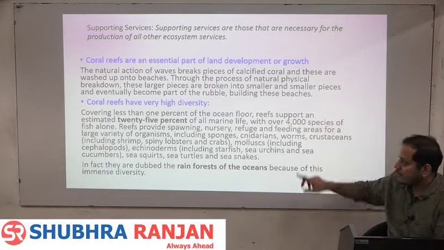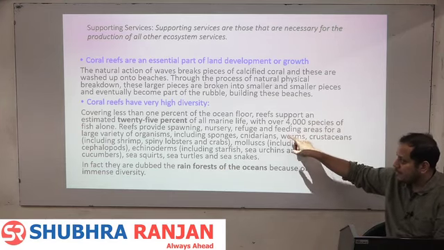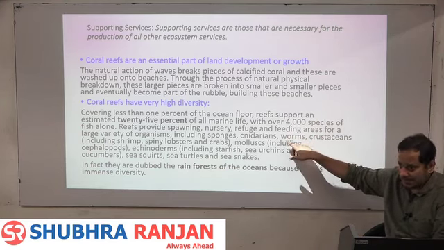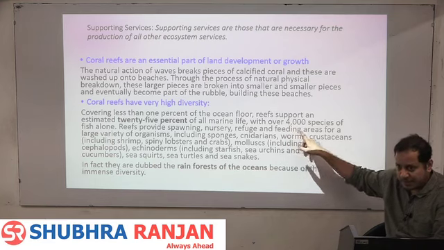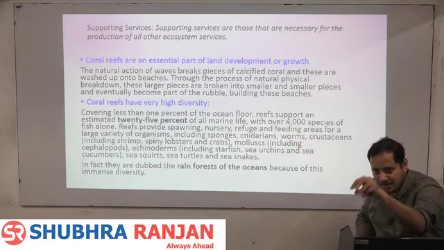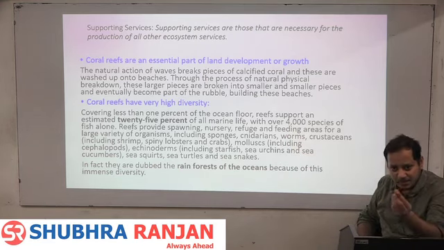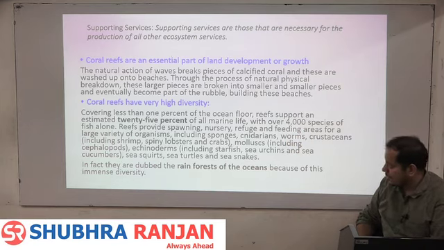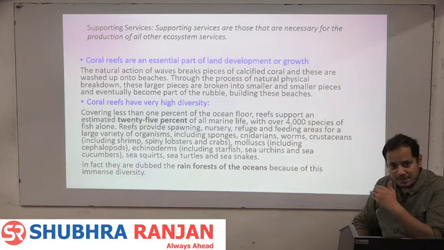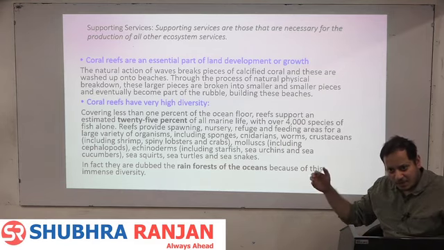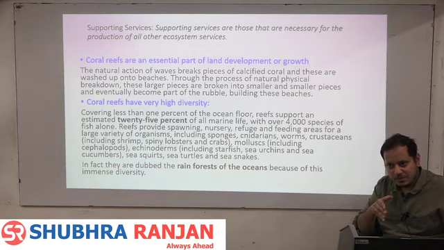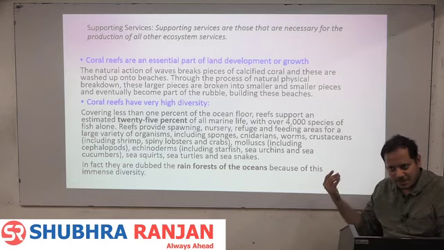Reefs provide spawning ground, nursery, refuge and feeding. Spawning means for laying eggs, nursery for when they are small tadpoles, and refuge whenever there is any kind of natural disaster, cyclones, tsunamis, all these animals will come and stay in the coral so that they are safe.